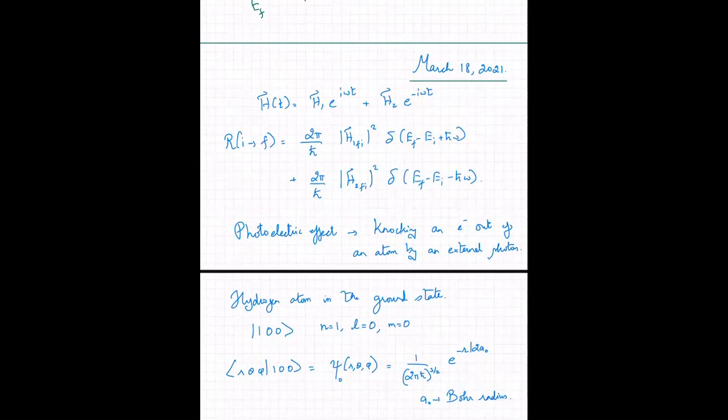So this is where the final state is. For the e to the plus i omega t part, the final state has a lower energy than the initial state. And for the e to the minus i omega t part, the final state has a greater energy than the initial state.